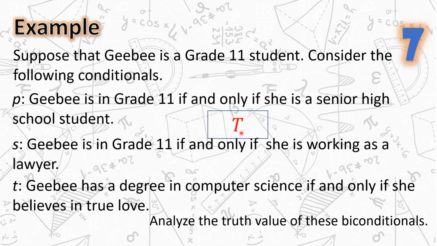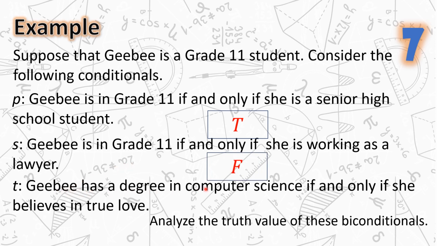Therefore, proposition P is true. Proposition S, GB is in grade 11, that is true. The other one, she is working as a lawyer, which is false, since GB is still a grade 11 student. So true if and only if false yields a false truth value.